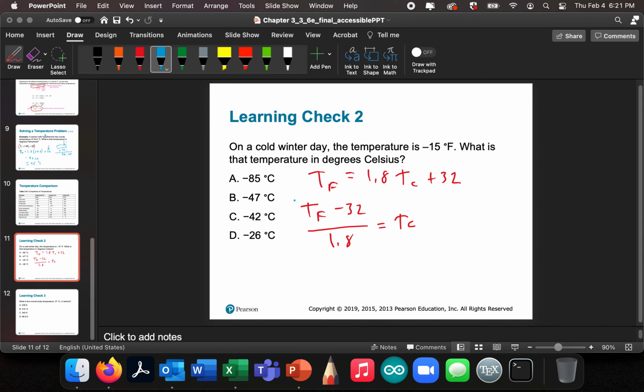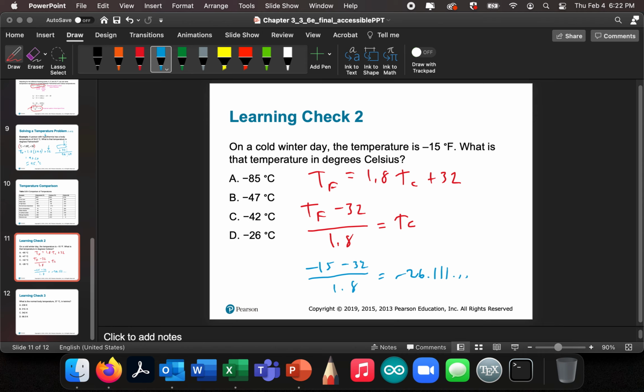So let's say Fahrenheit is minus 15, minus 32, divided by 1.8, which is going to be equal to negative 26.111, and so on.